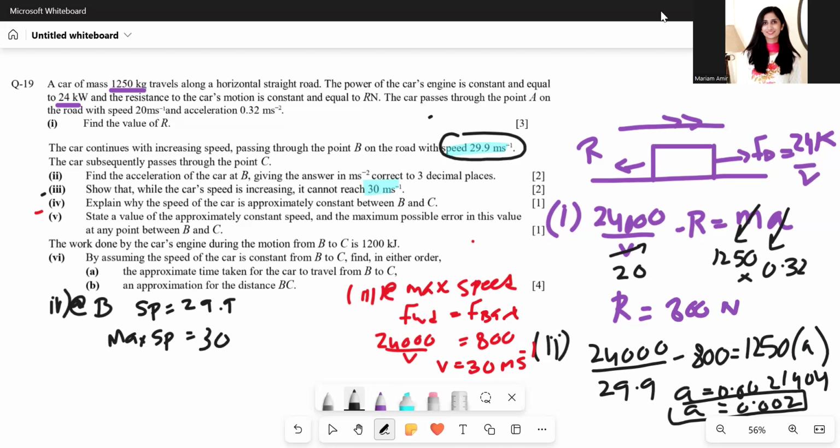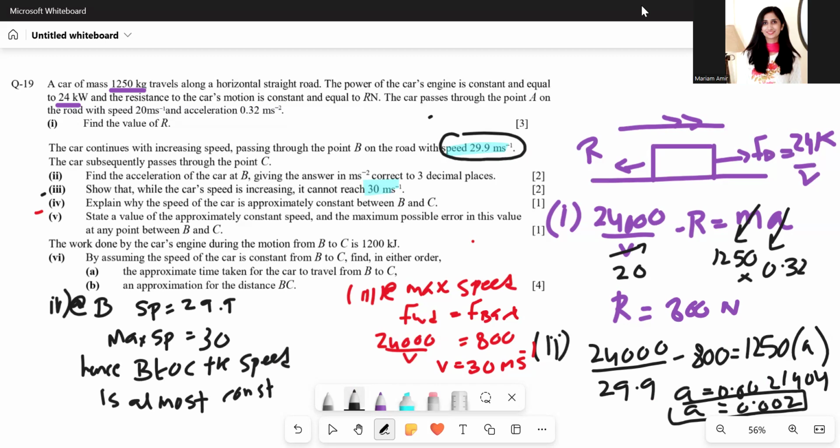So these are very close values. Hence, from B to C, the speed is almost constant, because it varies between 29.9 and 30. Okay, part 4 is done.